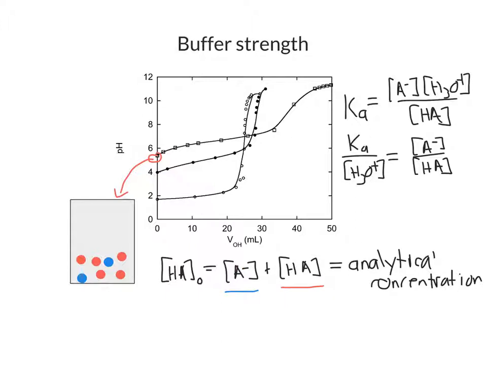The buffer strength towards addition of strong base is equal to the amount of HA that I have in my solution, because I can add OH minus up until the point that I use all of the HA up, and then my buffer will no longer work. So buffer strength has to do with the amount of A minus and the amount of HA in my solution, which I can find from combining these two equations.